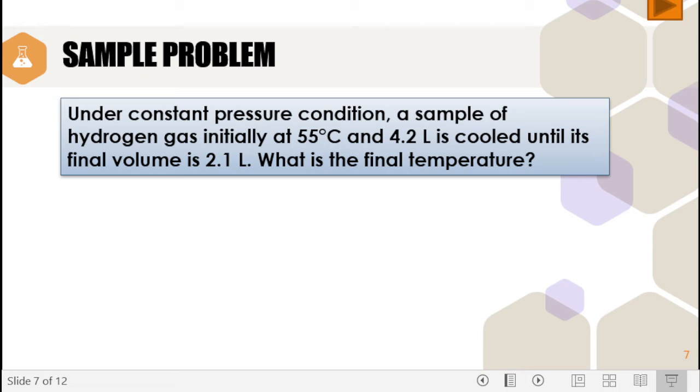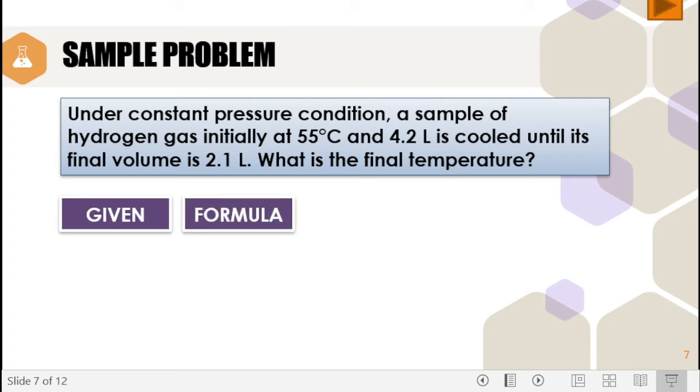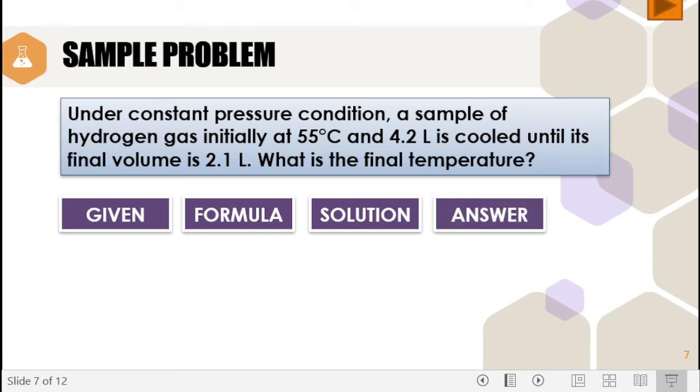What is the final temperature? In order to solve our problem, let us always follow this format: look first for the given, next the formula, then the solution, and then let us write the final answer.